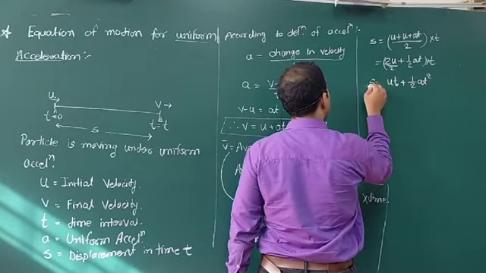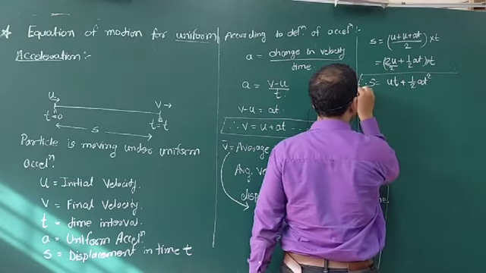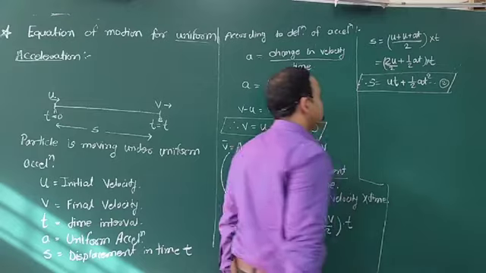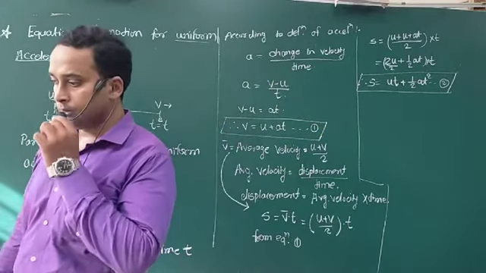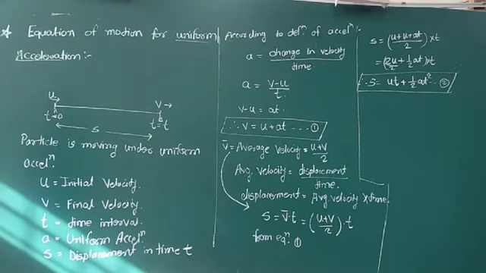That means s is equal to ut plus half at square, calling it equation number 2.